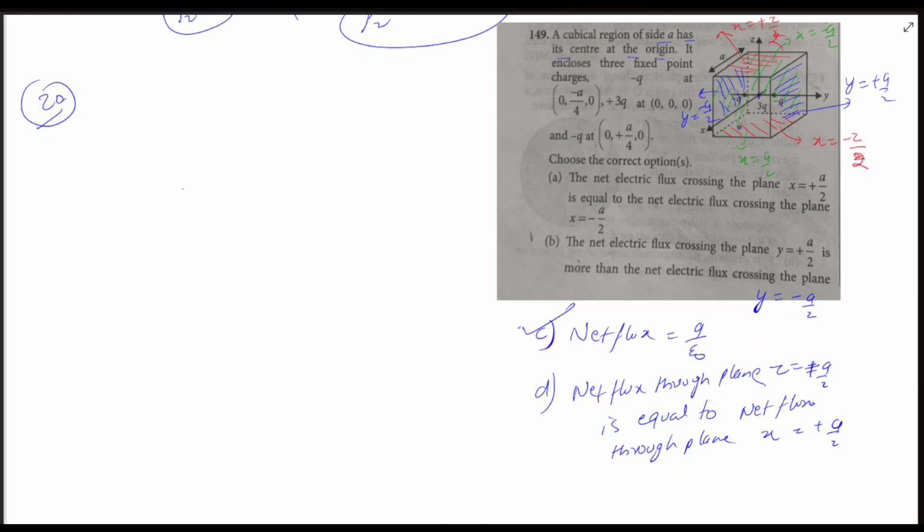The planes z equals plus a by 2 and z equals minus a by 2 are equivalent planes, so the flux through them will be the same.